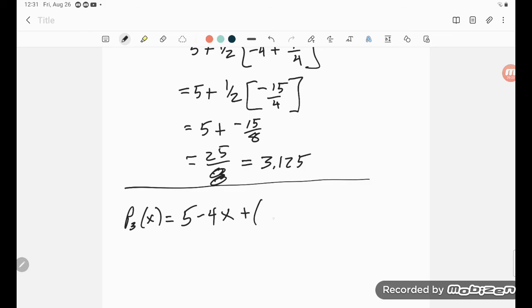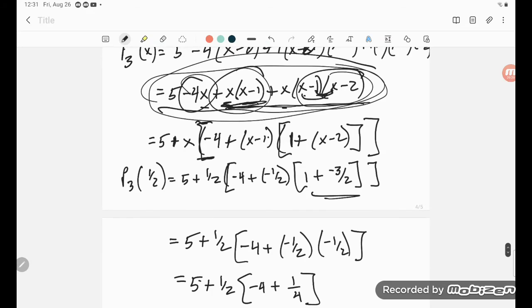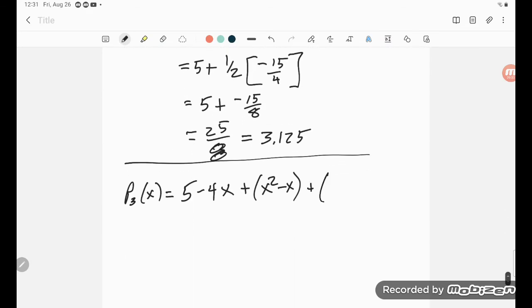Then we had the x squared minus x term. Okay, we had that term. And then we had the plus x cubed minus 3x squared plus 2x term.